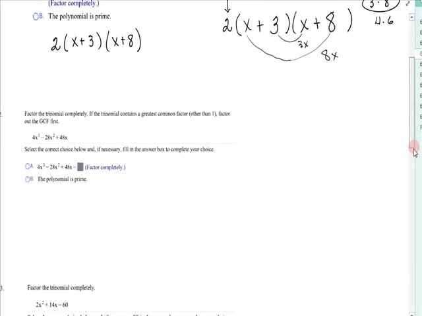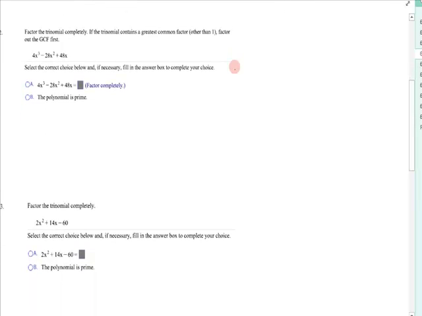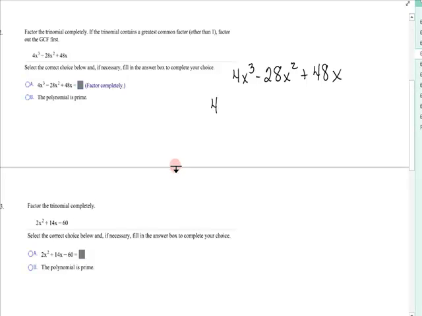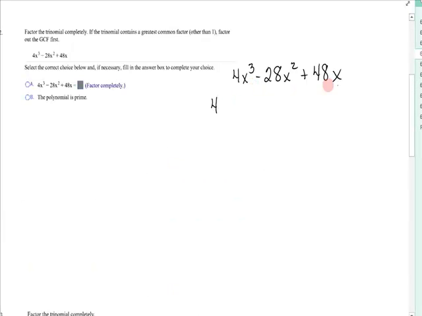All right. Let's look at our second one. We have 4x to the third minus 28x squared plus 48x. The instructions say factor. The first thing I look at, is there a GCF? Yes. 4 goes into all of those. And they all have x's. So I can take no more than x, the low power.